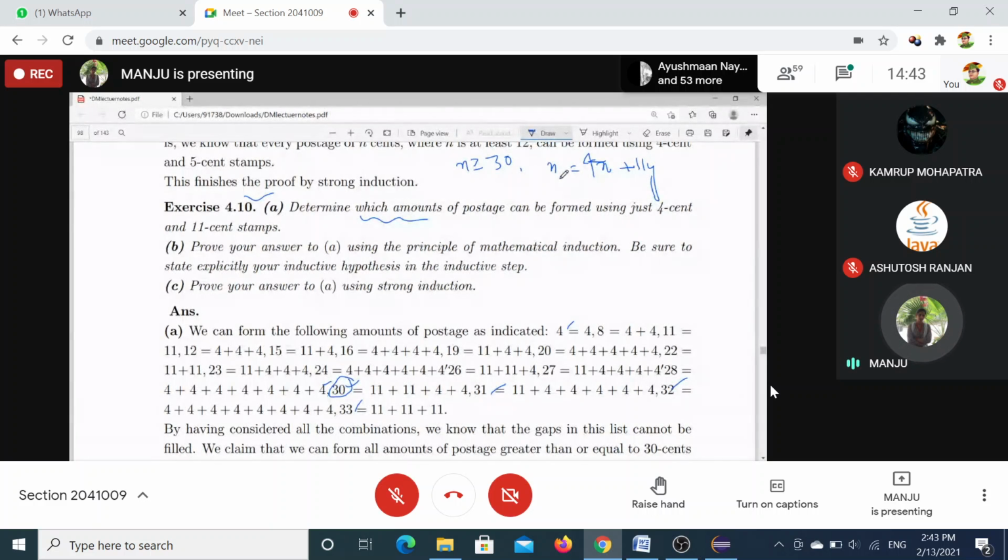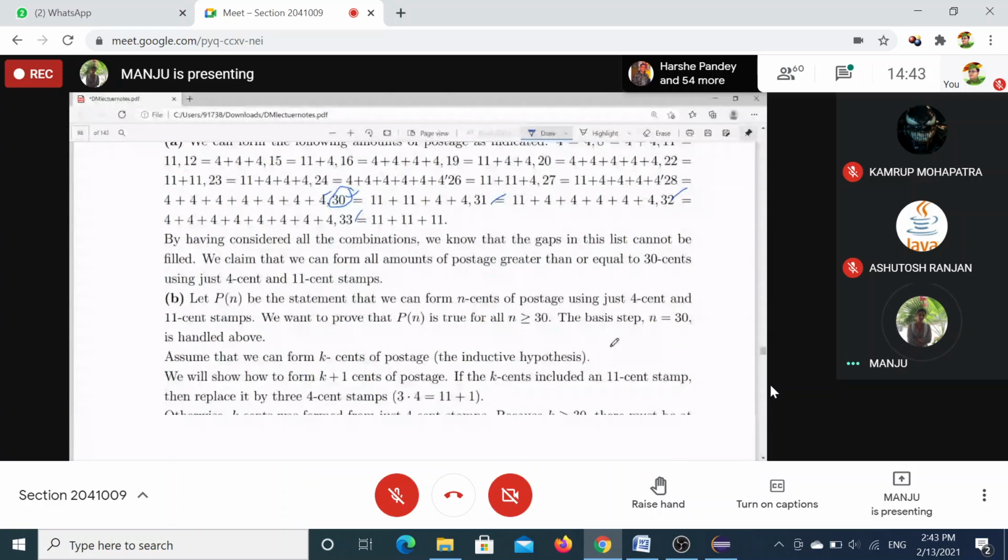Then verify for P30, assume for P30, P31 and so on up to Pk, prove for Pk plus 1 by using strong induction. And in mathematical induction, the first principle, this will be Pk only assume, okay, P30 verify, Pk assume, and then go for k plus 1.